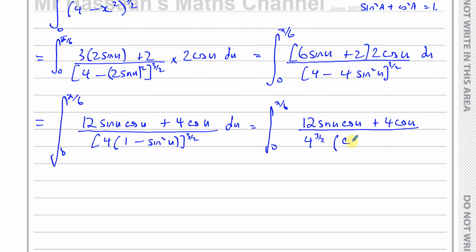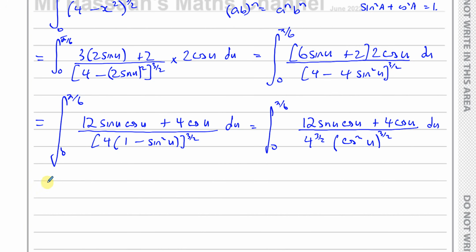So I can write this as cosine squared u, and this is also to the power of 3 over 2. They're both to the power of 3 over 2. It's like when you have a times b all to the power of something, it's the same as a to the power of that same thing times b to the power of the same thing. You can write them as separate powers like I've done here, because the whole of this is to the power of 3 over 2.